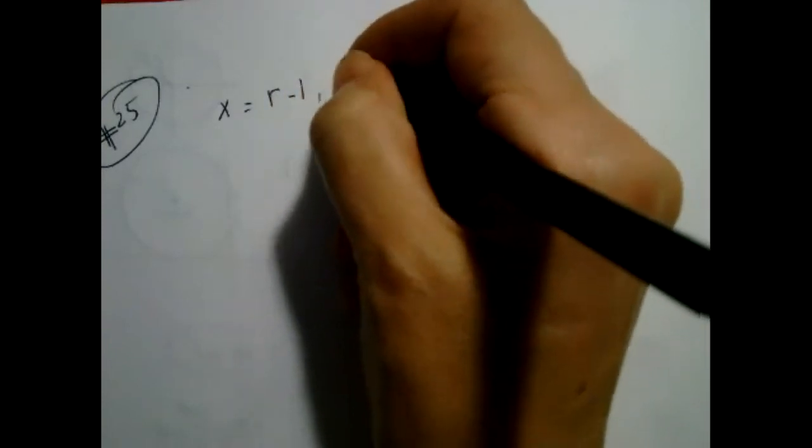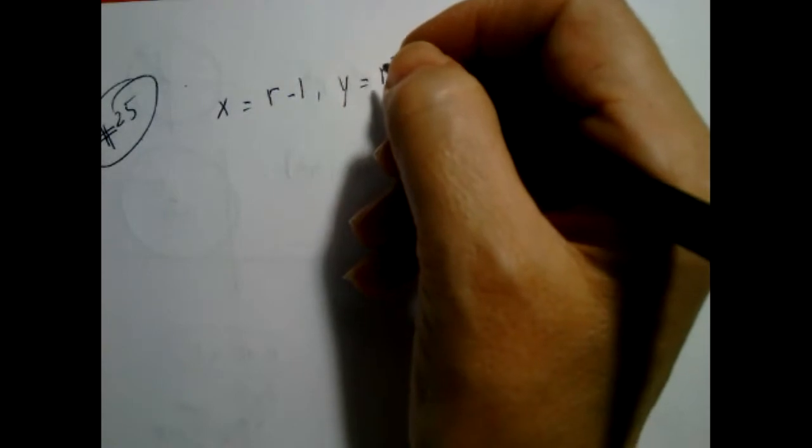Let's look at number 25. So we have x equal to r minus 1. Instead of calling the parameter t, they called it r. And y equals r cubed.